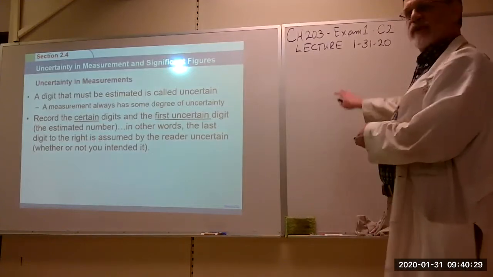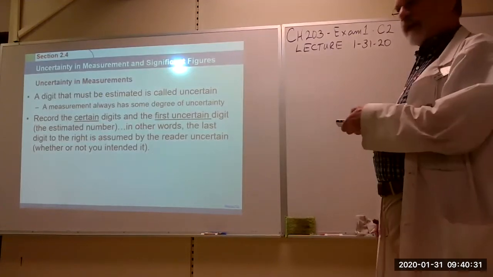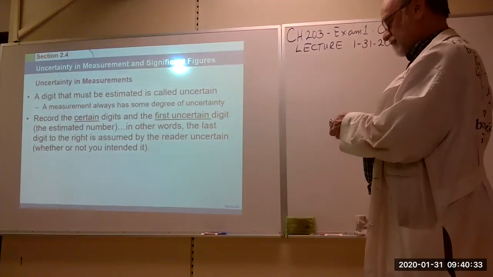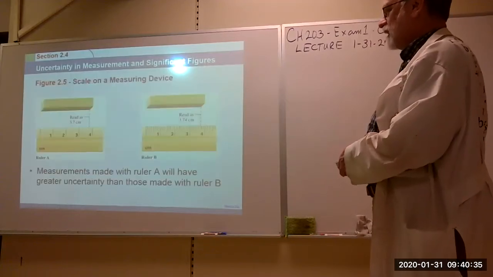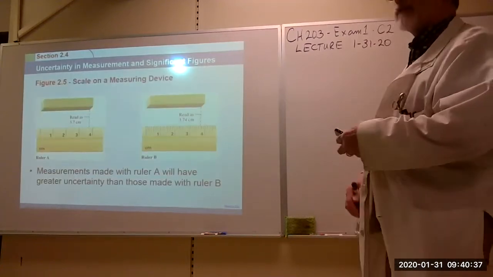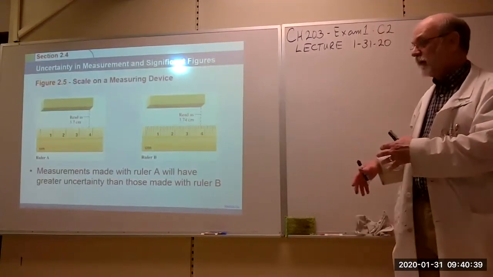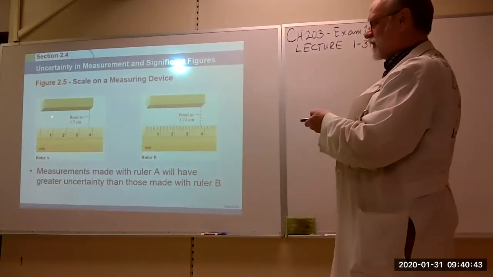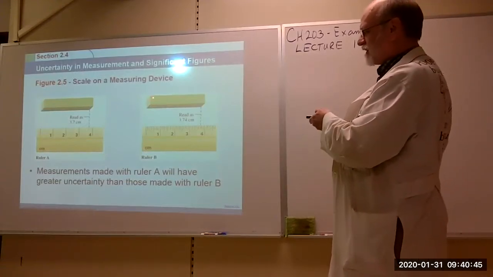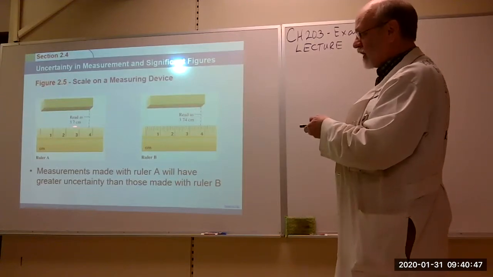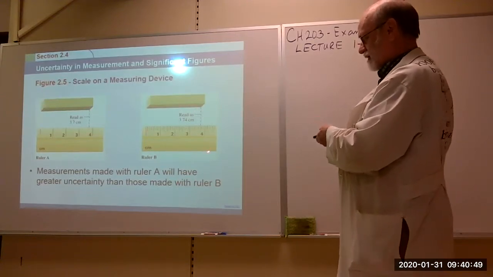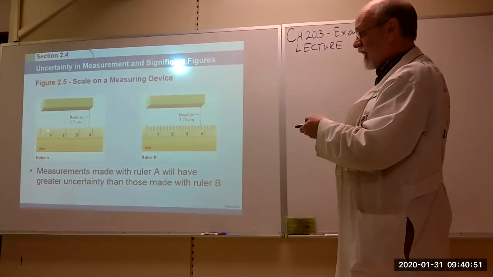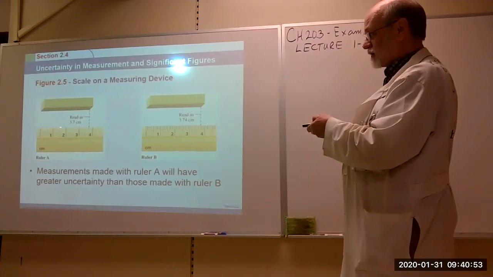This is just what I was talking about with writing a number. Now, what does that mean in practical terms when you're actually making a measurement? Well, for example, if we're measuring the length of an object, if this object is the same length as that object, but we use a different measuring device, this one is divided off into centimeters.